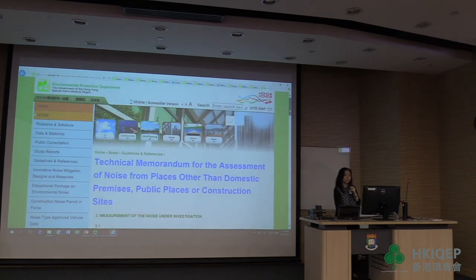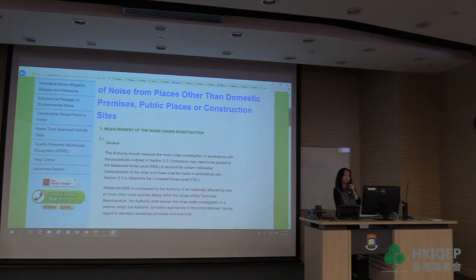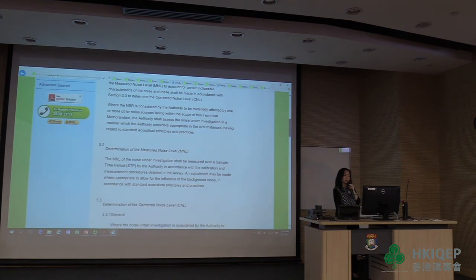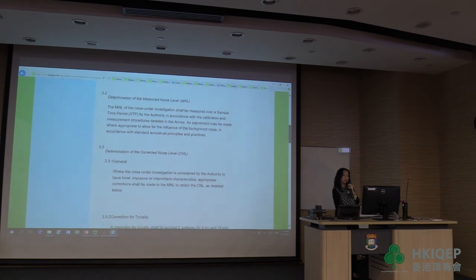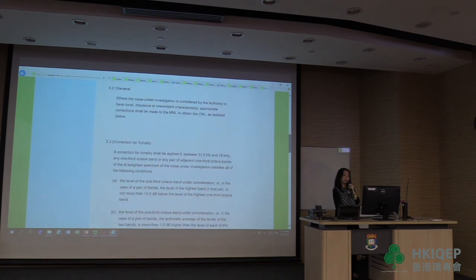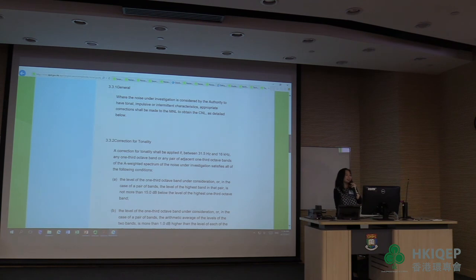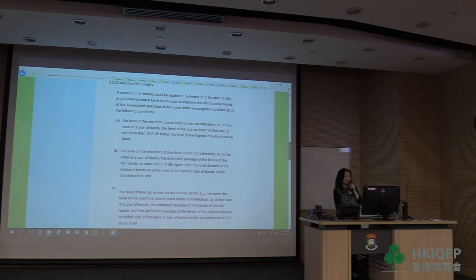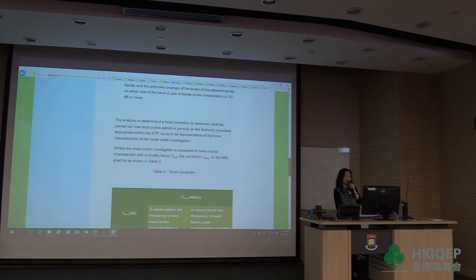Okay, so this also includes measurement of the noise under investigation, how we determine the measured noise level, and do the correction, including important correction for tonality, which may be required when you're measuring sound from industrial premises.